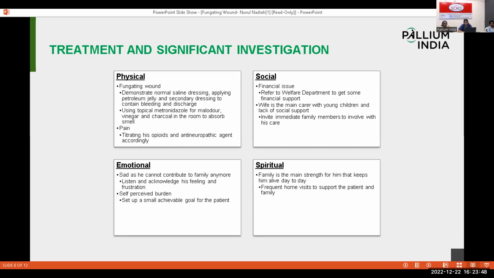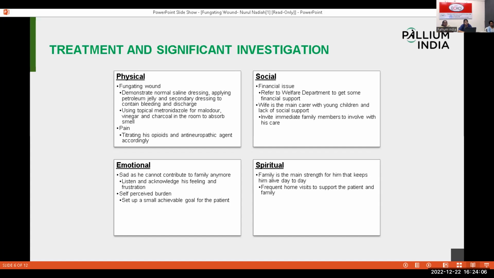So you can wash with normal saline and apply metronidazole. Metronidazole is one of the good medications for controlling anaerobic bacterial infection. The drug of choice for controlling anaerobic bacterial infection is metronidazole.